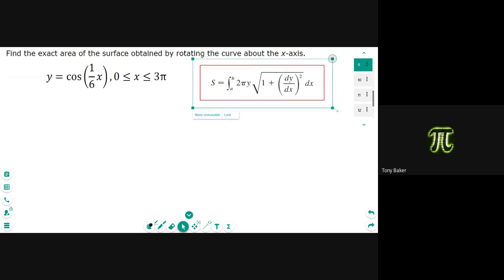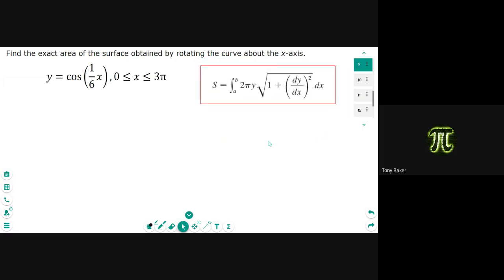There's a variety of them, but in essence, it's a matter of where you're rotating and what you have.